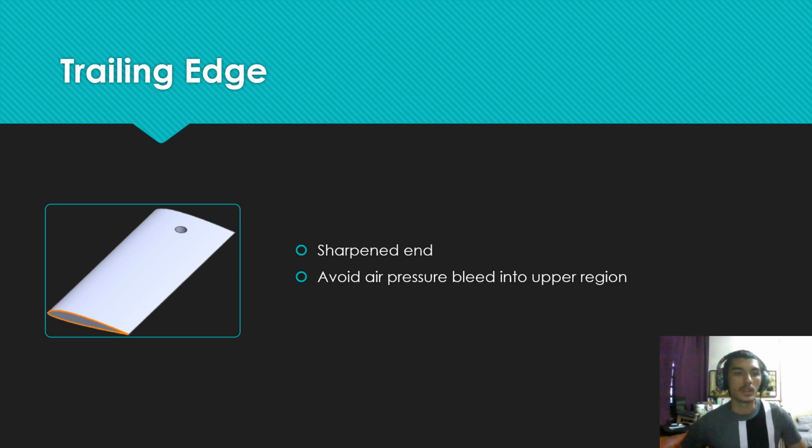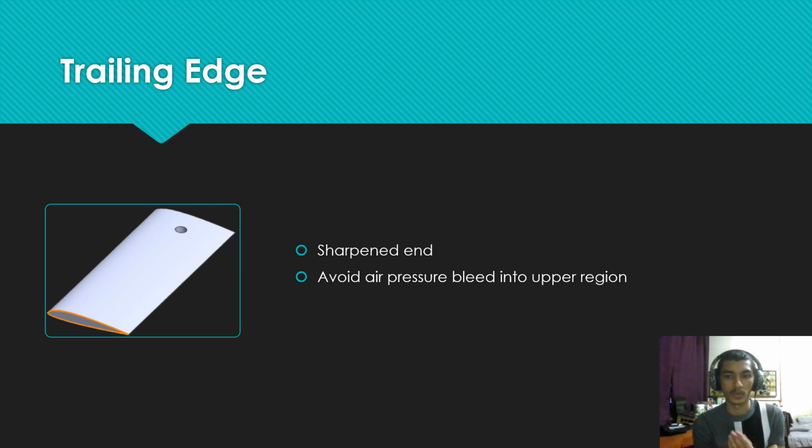Lastly, for the trailing edge, we designed the trailing edge of this wing to be as sharp as possible, which can be seen in the picture given. If it were designed to be circular, it would be easier for the higher air pressure to bleed from the bottom region into the upper surface region of the wing, resulting in a reduction in the net lift force.